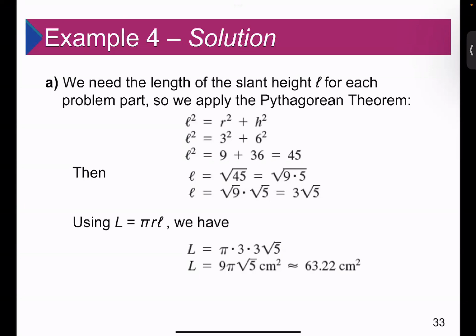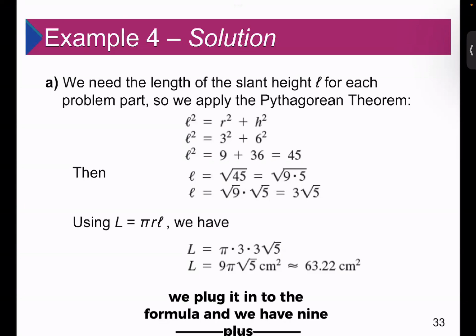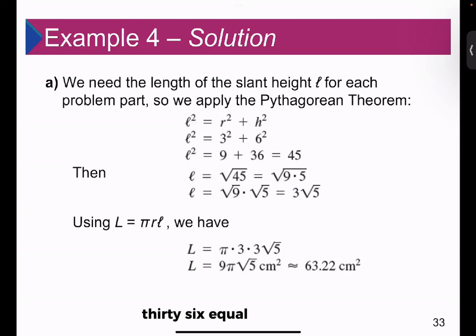We need the length of the slant height L for each problem part, so we apply the Pythagorean theorem. L squared is equal to r squared plus h squared. With a given radius 3 and the height 6, we plug it into the formula and we have 9 plus 36 equal to 45. Evaluating the slant height L, we have square root of 45, which is 3 square root of 5.